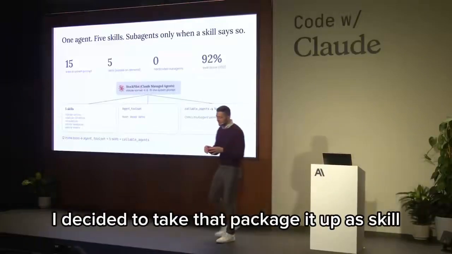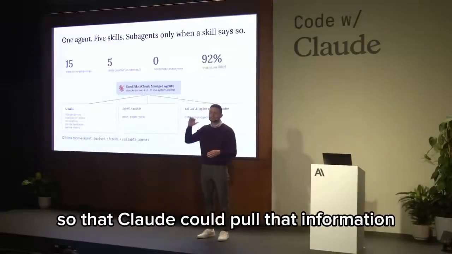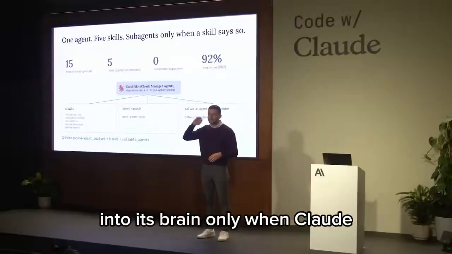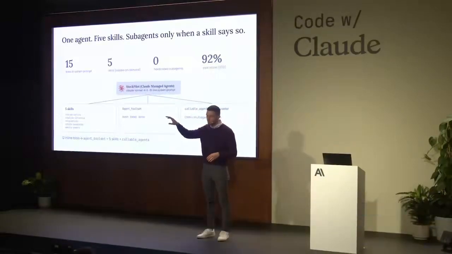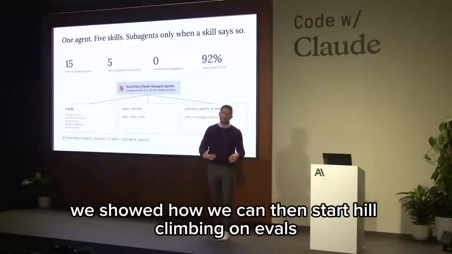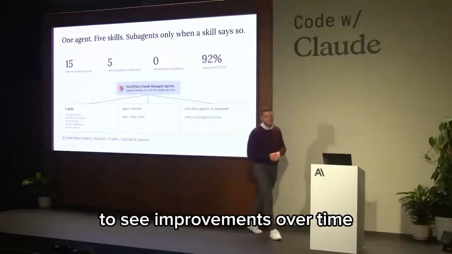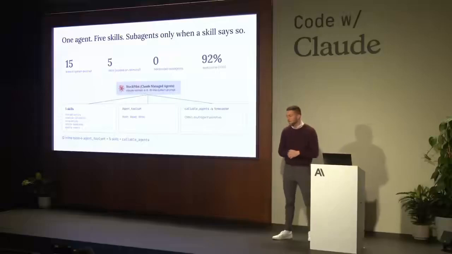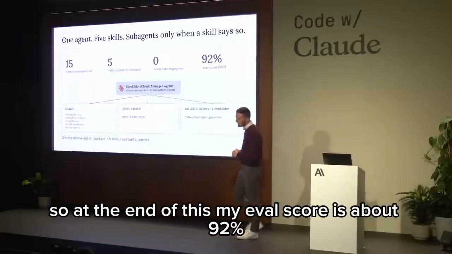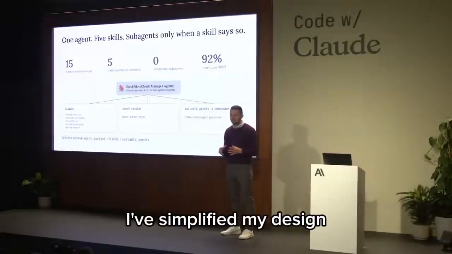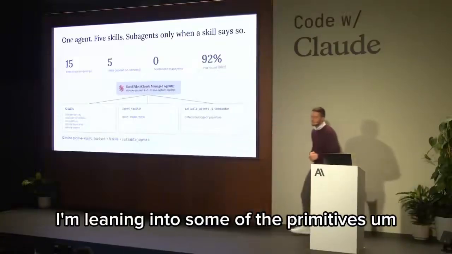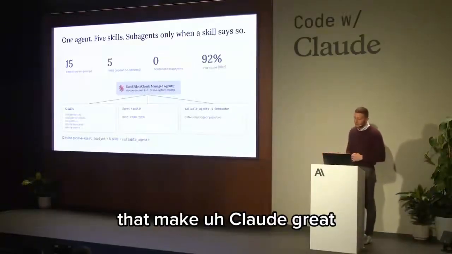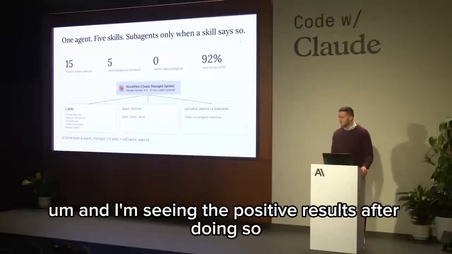I decided to take that, package it up as skills so that Claude could pull that information into its brain only when Claude realized that it needed it in order to solve a problem. As a result of this, we showed how we can start hill climbing on evals to see improvements over time. So at the end of this, my eval score is about 92%. I've simplified my design. I'm leaning into some of the primitives that make Claude great. And I'm seeing the positive results after doing so.